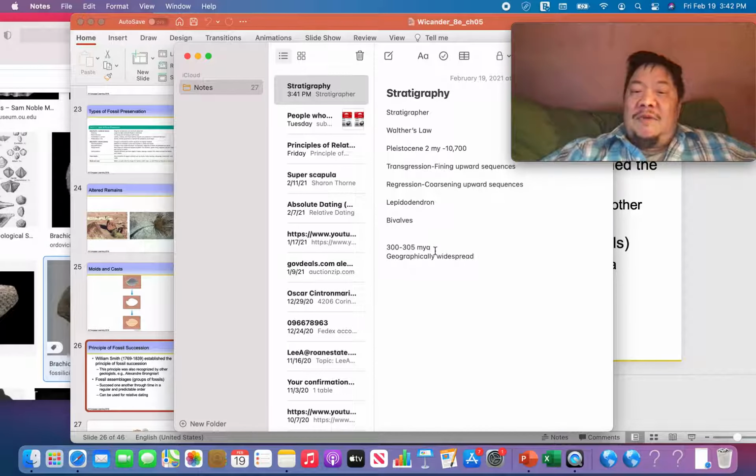Let's say we can also find this same brachiopod in Yorkshire, England. We know that those rocks in Yorkshire, England, formed at the same time as those in Lexington and those in Knoxville. These special types of fossils that live for a short amount of time and are geographically widespread, you can find them all around the world, are called index fossils.